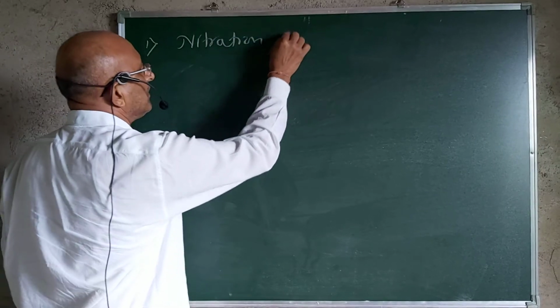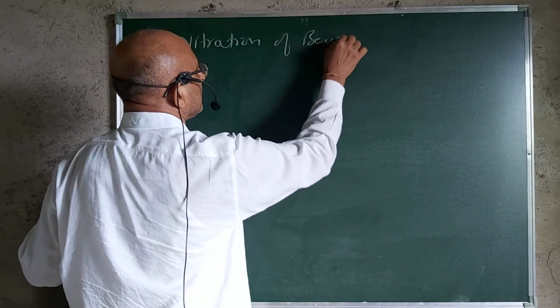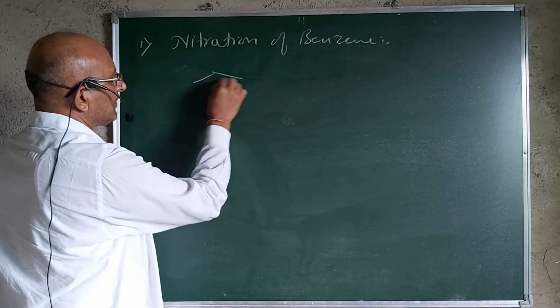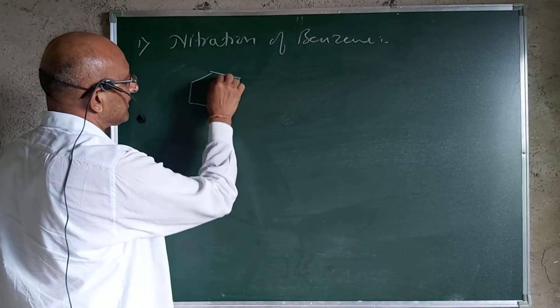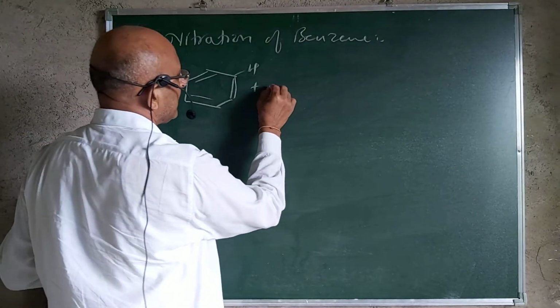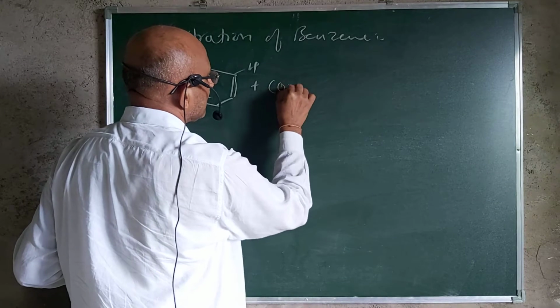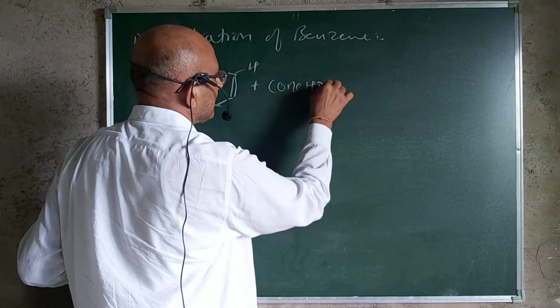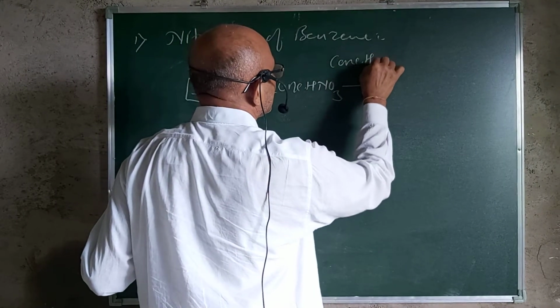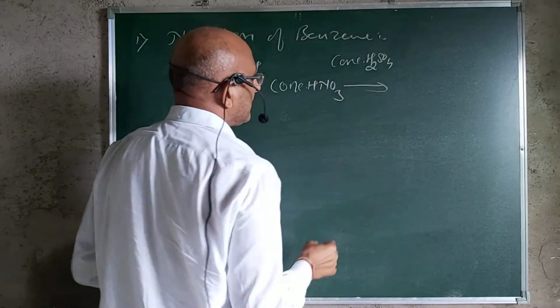Nitration of benzene. In this reaction, any one of the hydrogen atoms of benzene is replaced by treating it with concentrated nitric acid and concentrated sulfuric acid, which is termed a nitrating mixture.